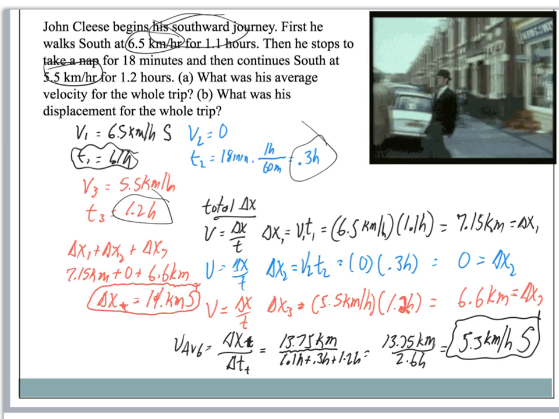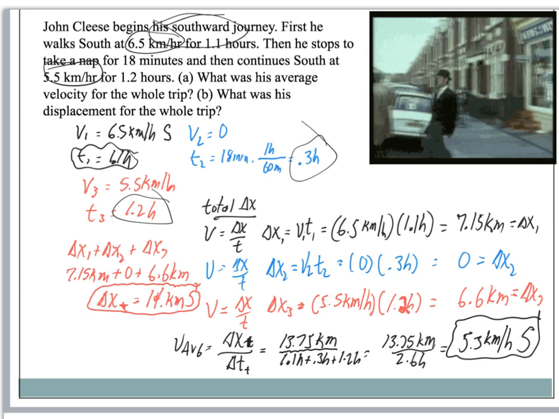Think of it like a weighted grade average. If one part of your grade is worth 50% and the other part is worth 50%, you add them up and you divide by 2 to get your average. But if one part of your grade is 70% and the other part of your grade is 30%, you can't add them up and divide by 2 to get your average. You have to weight the 70%.